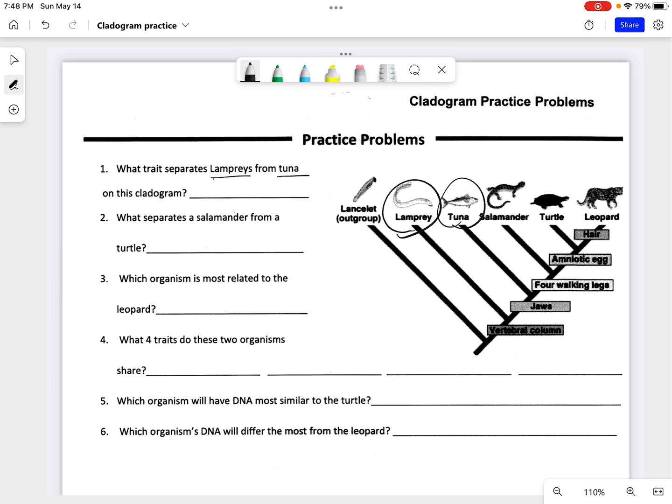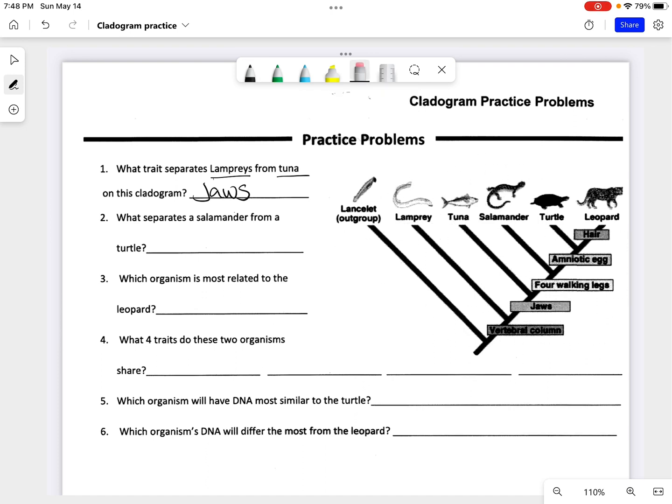We're going to follow those branches down, and you'll notice that the trait that is separating them is right here on our main line. That would be jaws. So that means that our tuna fish have jaws, our lampreys do not.